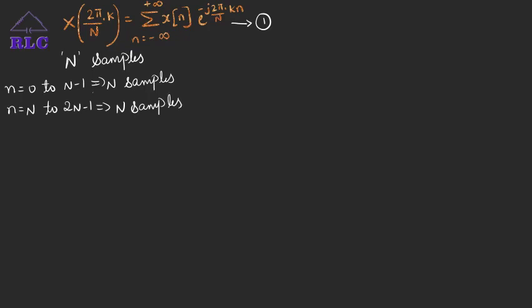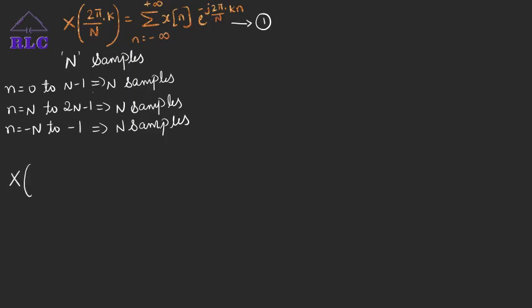That is, add N to this expression: 0 plus N becomes capital N to 2N minus 1, again a total of N samples. Again, if n is starting from minus N, we get up to minus 1, again N samples, and so on.